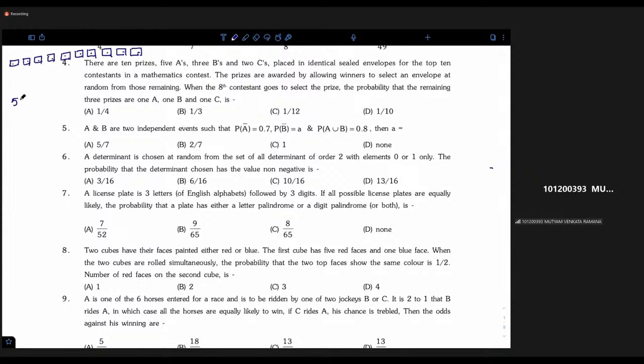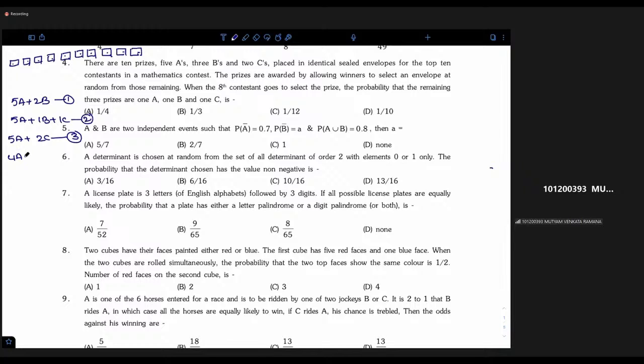What happened? I can give 5 A's plus 2 B's, one case. First 7 people, how they are taking. Second one is 5A plus 1B plus 1C. This is the second case. 5 A's plus 2 C's. This is the third case.